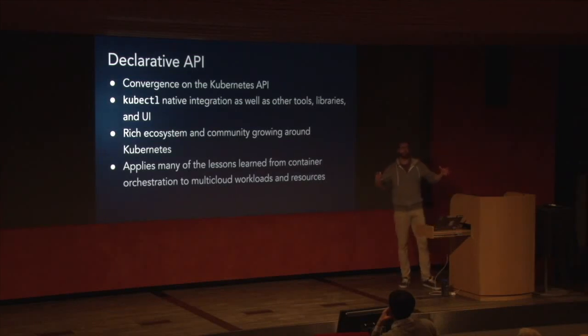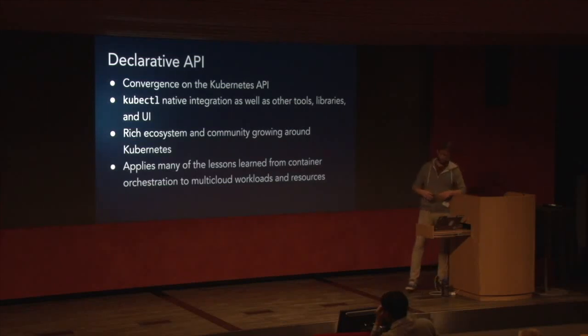There's this whole ecosystem built around Kubernetes tools and the Kubernetes API. There are all sorts of tools, like Compose and Helm and all these different tools that make running in Kubernetes easier. And so we can take advantage of those.